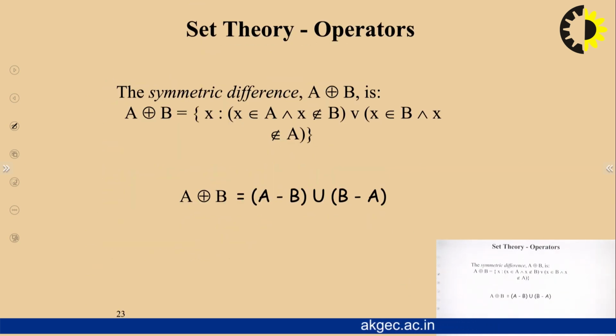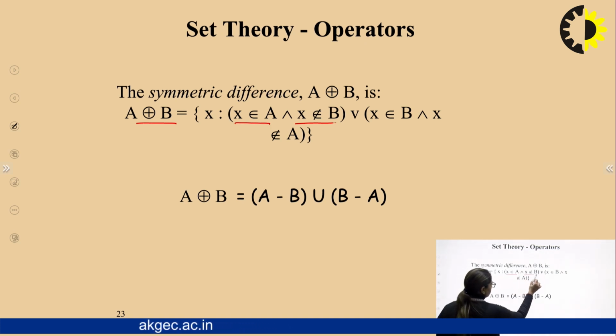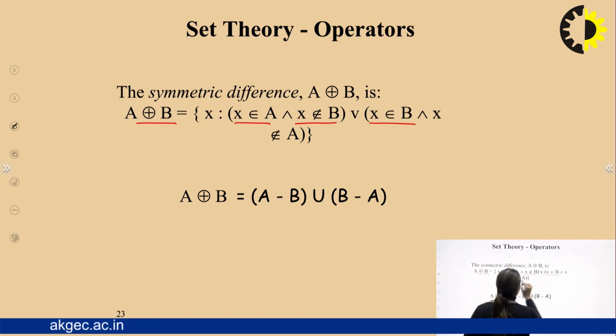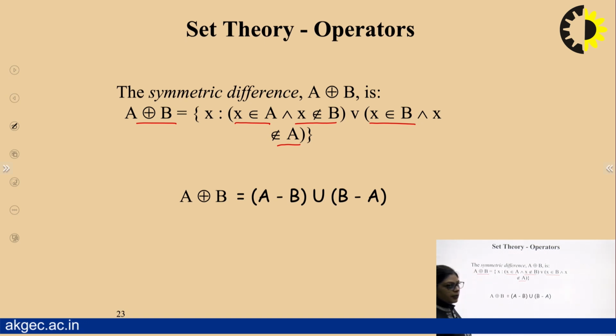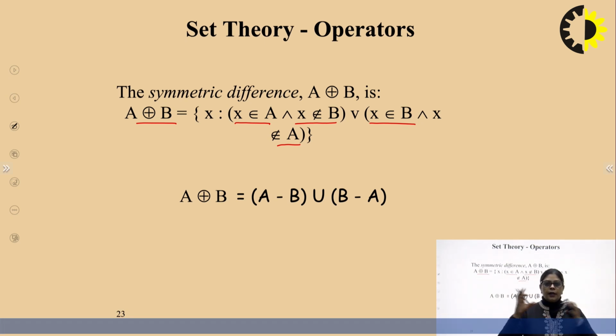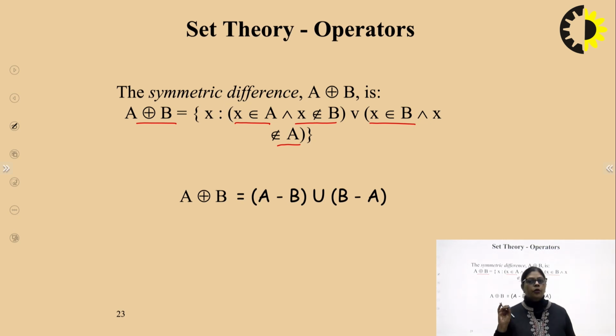Now there is another operation called symmetric difference, A symmetric difference B. Here the elements X belong to A and X doesn't belong to B, or X belongs to B and X doesn't belong to A. Means we have to include both the elements of A and B by cutting the common elements.